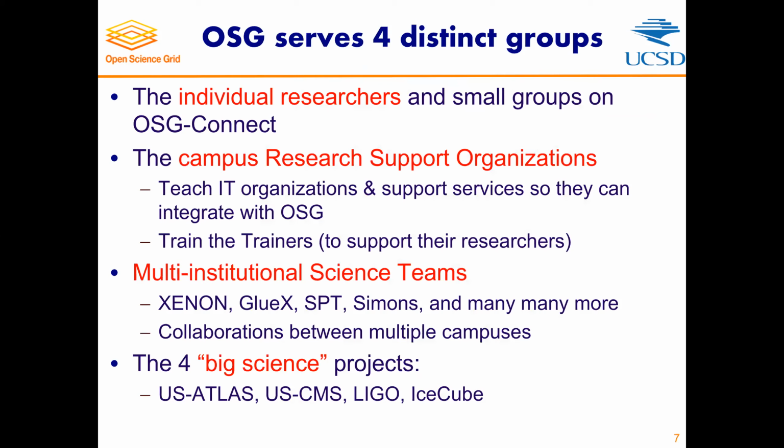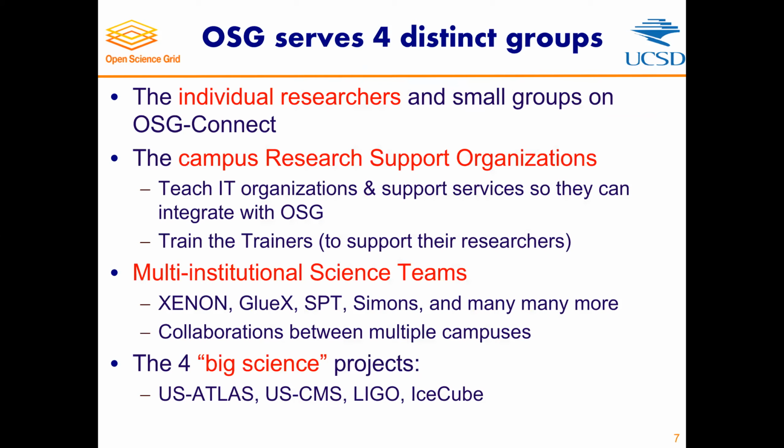So in a way, we are functioning like a campus research support organization, except that our researchers that we serve are from everywhere. And it's for the people who don't know that they have a campus research support organization, or they don't like working with them. And that's the people who come directly to us.